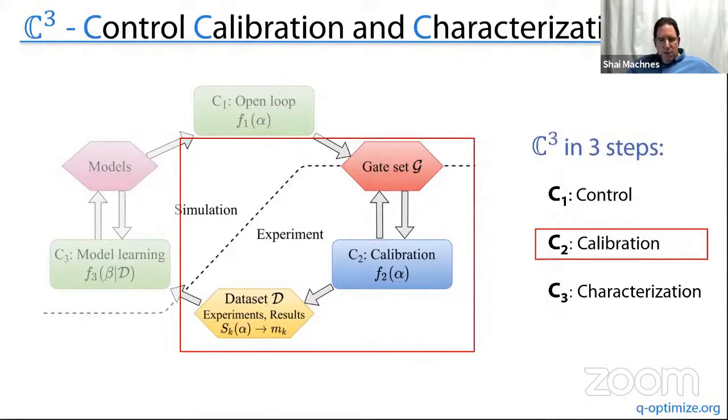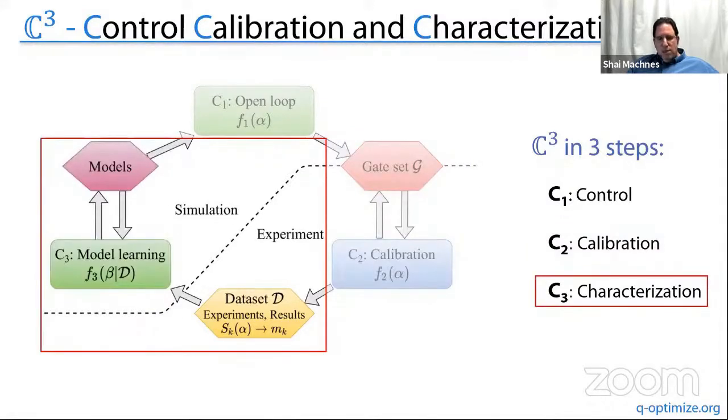And everything we see during the calibration, we store in a data set. The third stage is we take this data set and do what we call C3, which is model learning, another way of calling characterization. We modify and fit the model so that it reconstructs what we've seen during the calibration, the second stage.